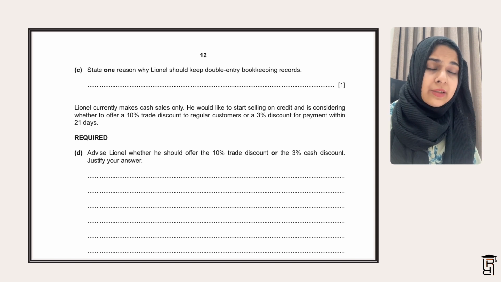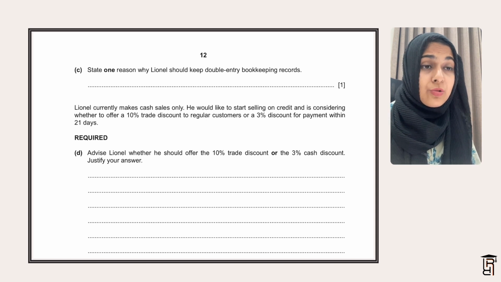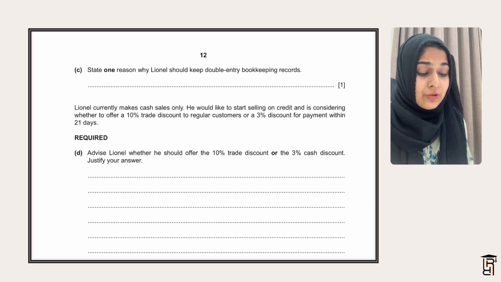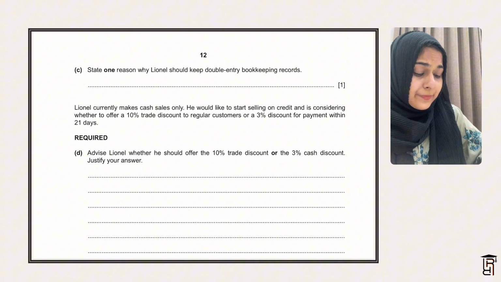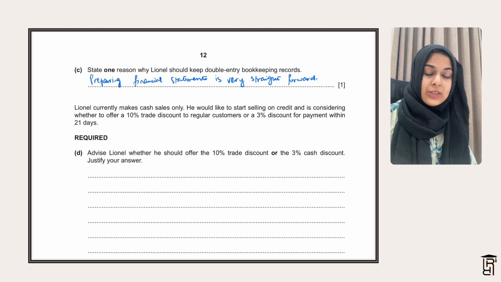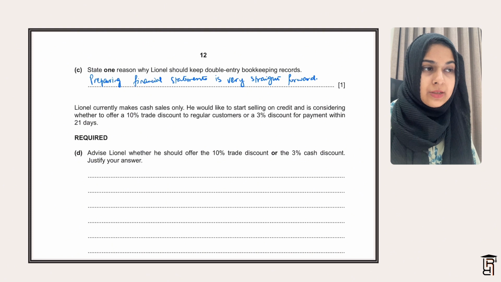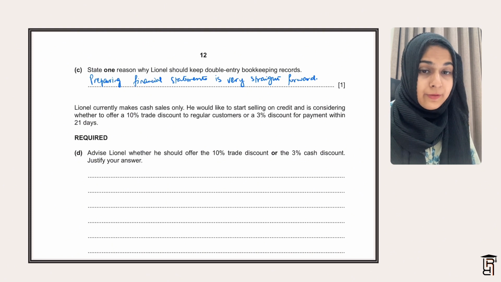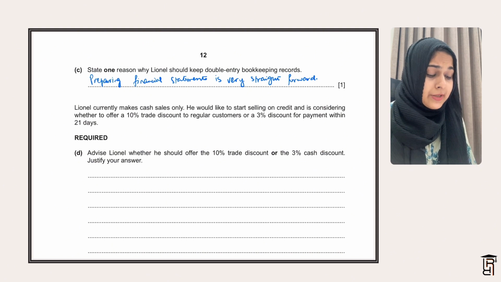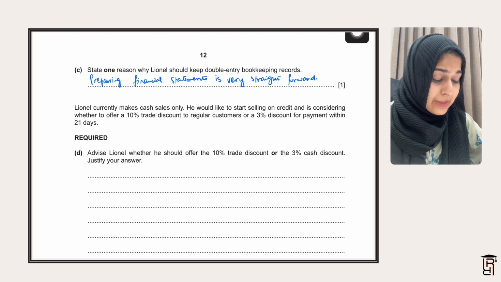And when you have complete information, it is very easy to prepare the income statement and statement of financial position. So preparing financial statements is very straightforward. Also, once you prepare the financial statements, they are more reliable. The profit for the year that you've calculated is more reliable when double entry bookkeeping records are kept. So that is why you need to make double entry bookkeeping records.